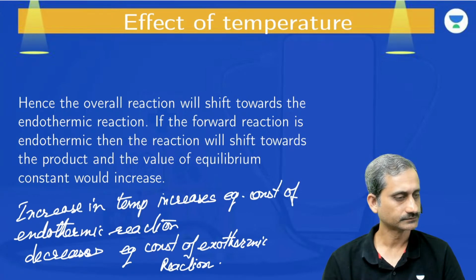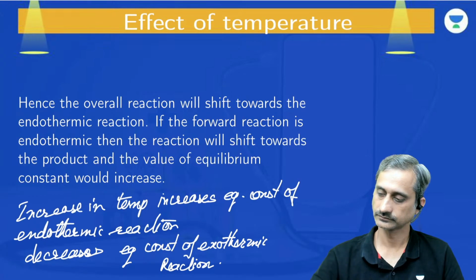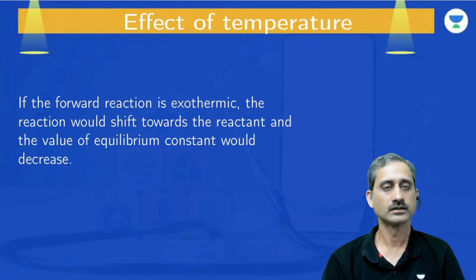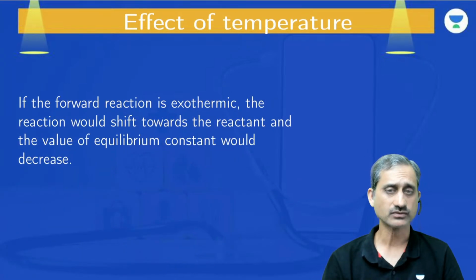Is it clear? If the forward reaction is exothermic, the reaction would shift towards the reactant and the value of equilibrium constant would decrease.